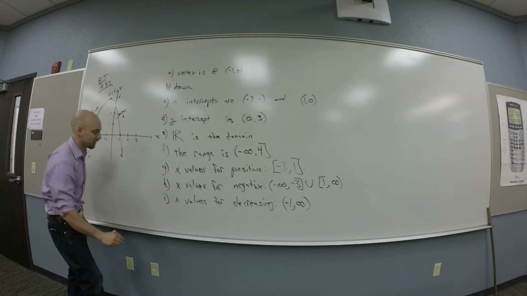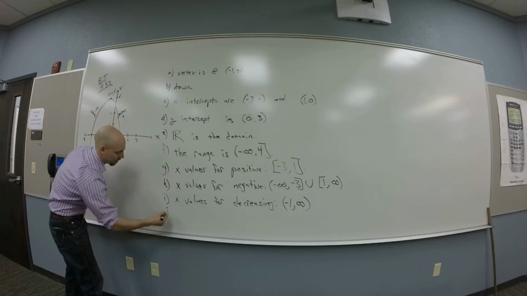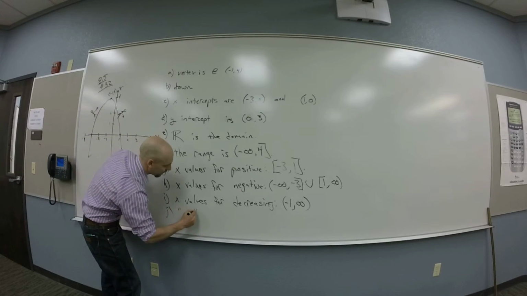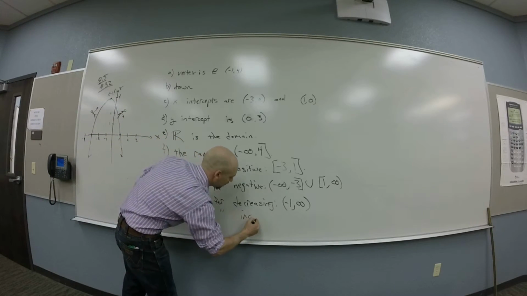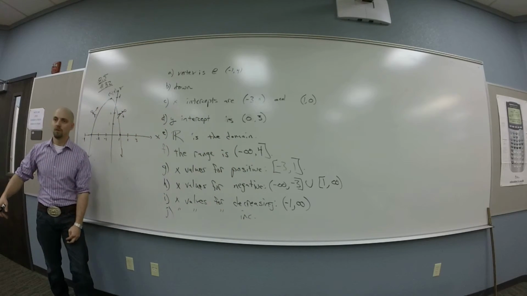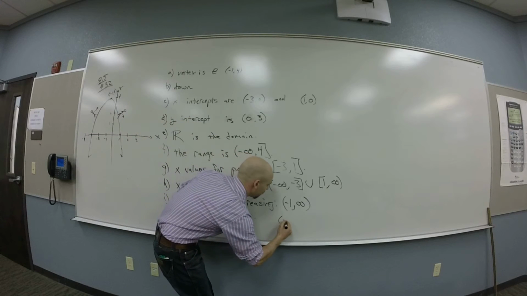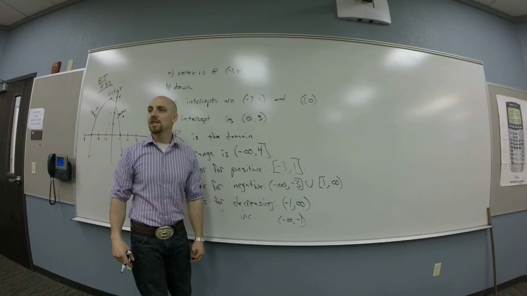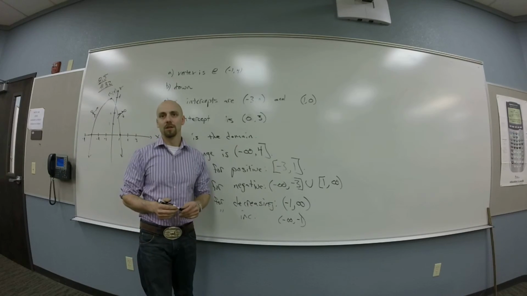All right, J is increasing. So X values for increasing, and that's negative infinity to -1, open bracket. Really, that's the other stuff, right?